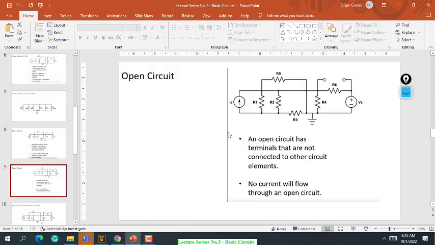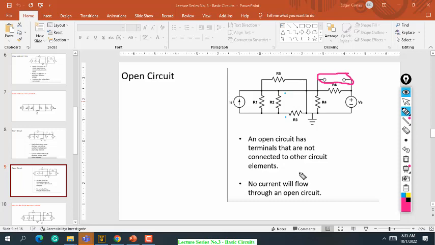We have also what we call open circuit, no? So by definition, class, an open circuit has terminals that are not connected to the other circuit. Okay, it is cut, no? So simple as that. No current will flow through the open circuit because it is cut. So in this example, this is our open circuit, no? So it is cut. So that is an open circuit.